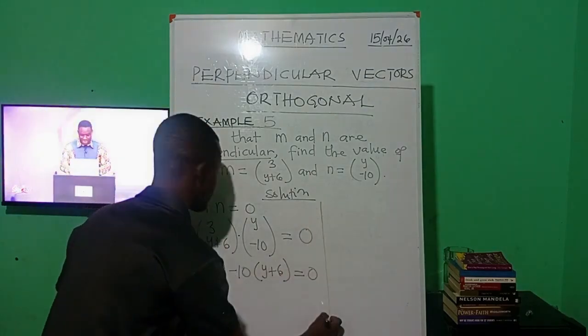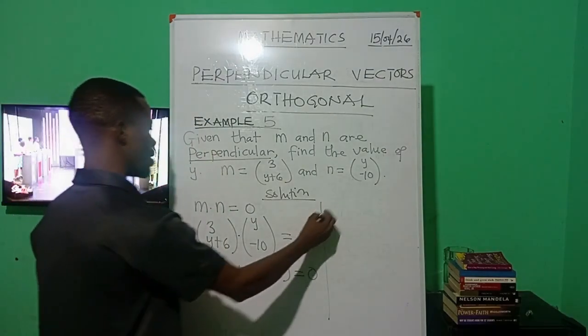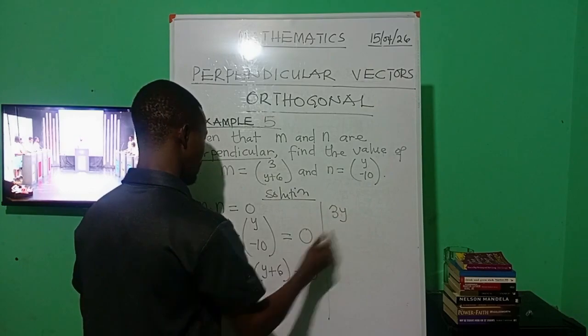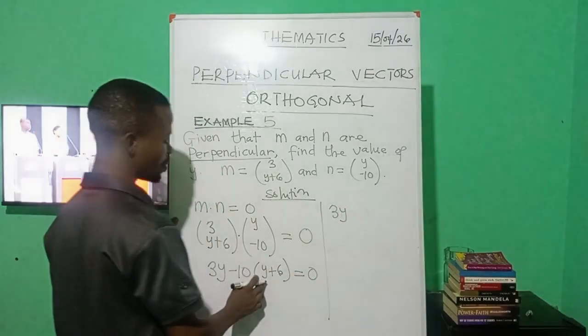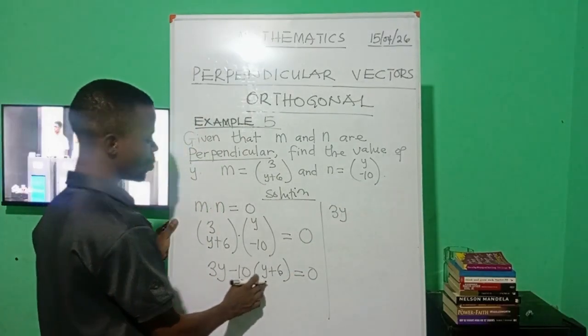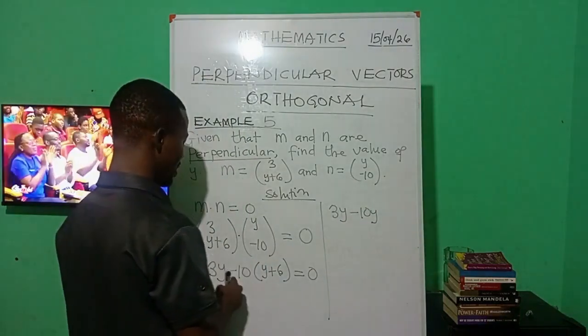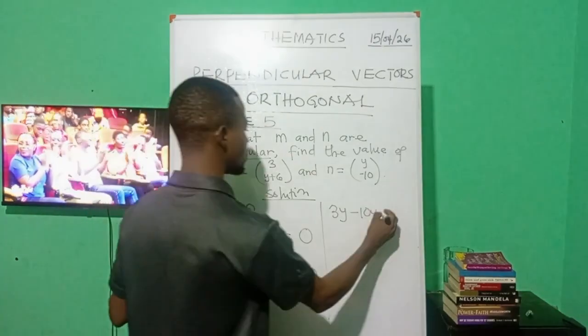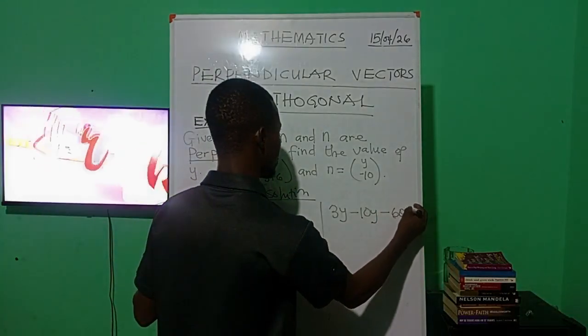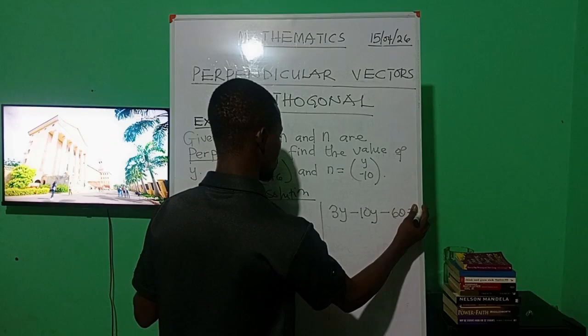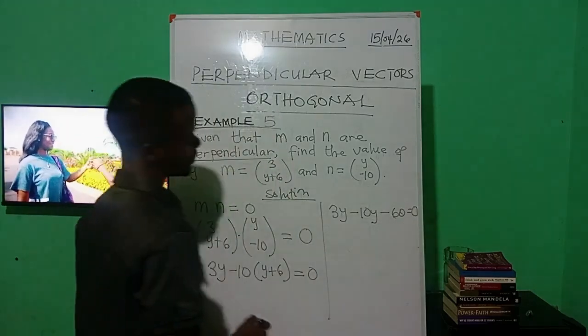Okay, so I have 3y. Negative 10 by y will give you negative 10y. Then negative 10 by 6 will give you negative 60, and this should be equal to 0.